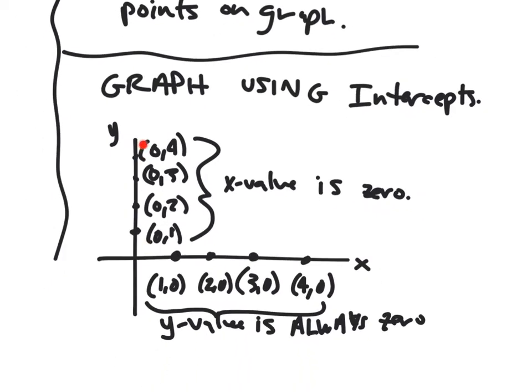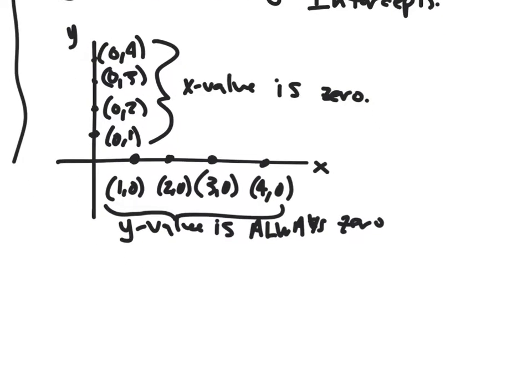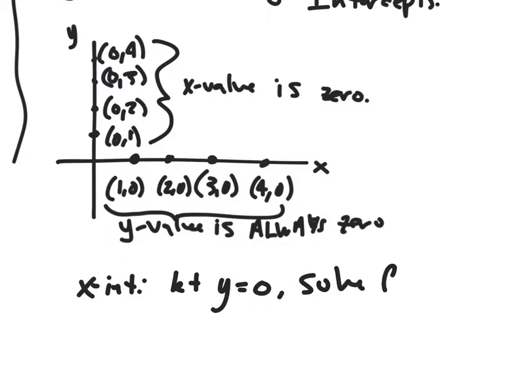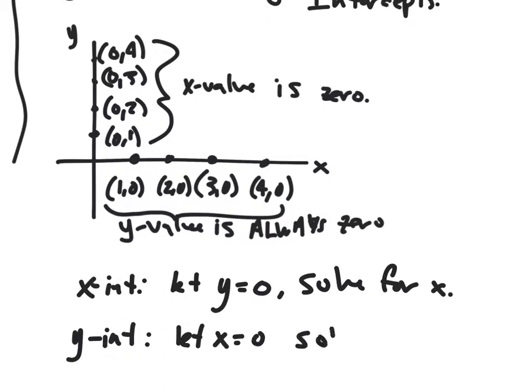Anytime you cross the y-axis, your x value is going to be 0. So if we want to find the x-intercept, we let y equal 0 and solve for x. We'll have practice doing all this, so if you don't understand it right now, you will. For the y-intercept, it's the opposite. You want to let x equal 0 and solve for y.